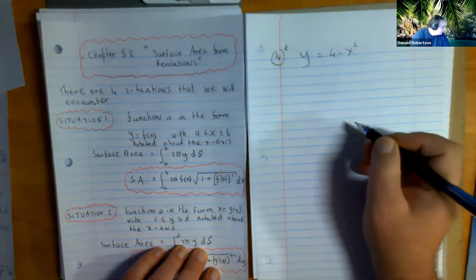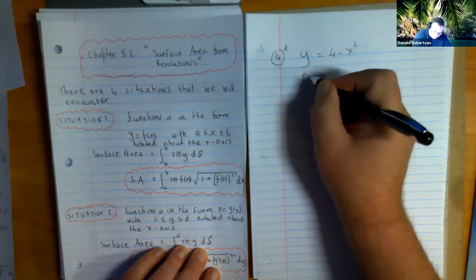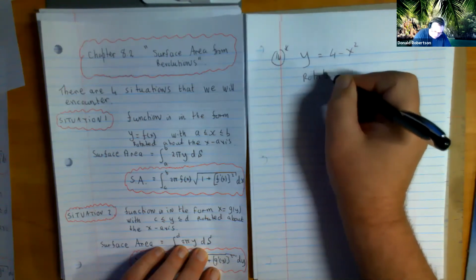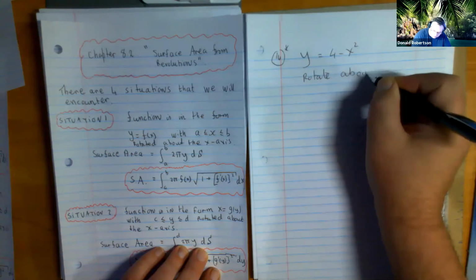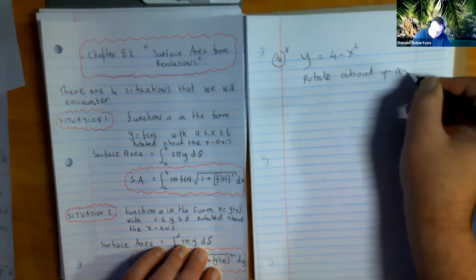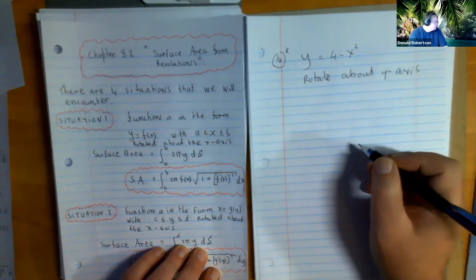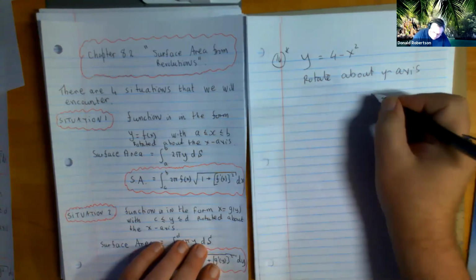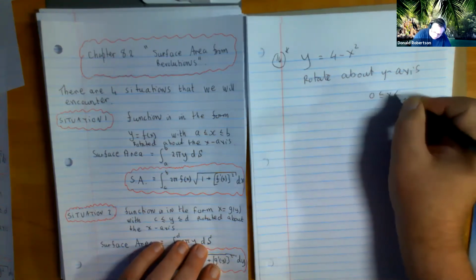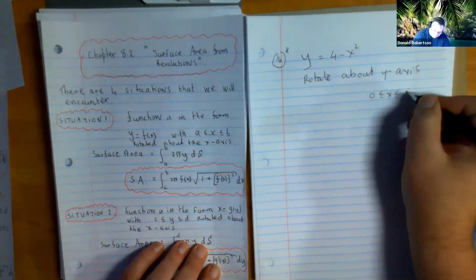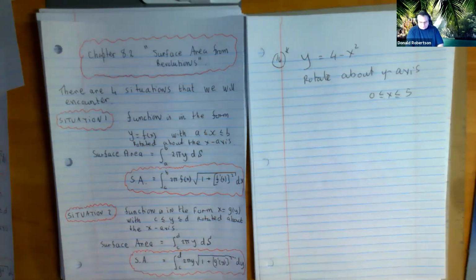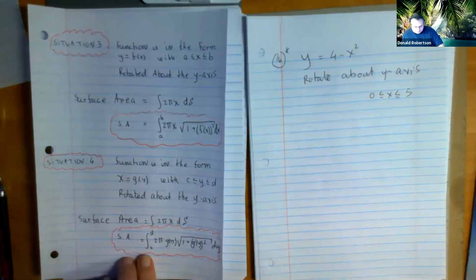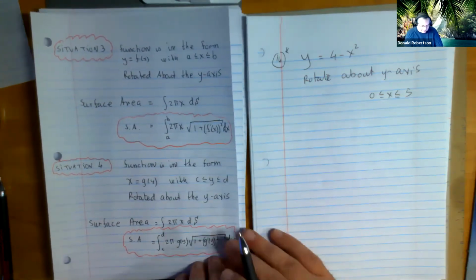You're given this guy. It's going to be rotated about the y-axis, and x is going to be from 0 to 5. Now, since I'm rotating about the y-axis, it looks like that.